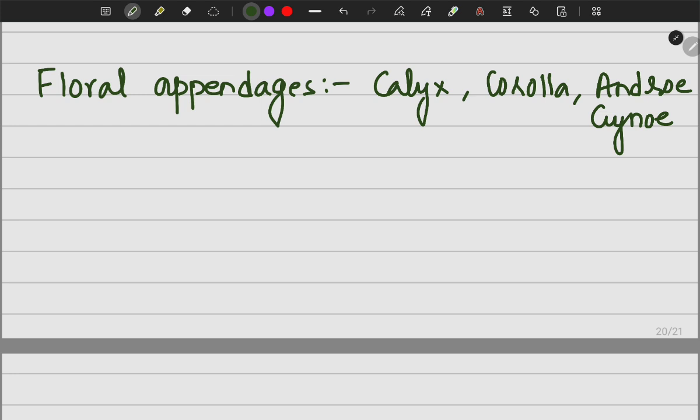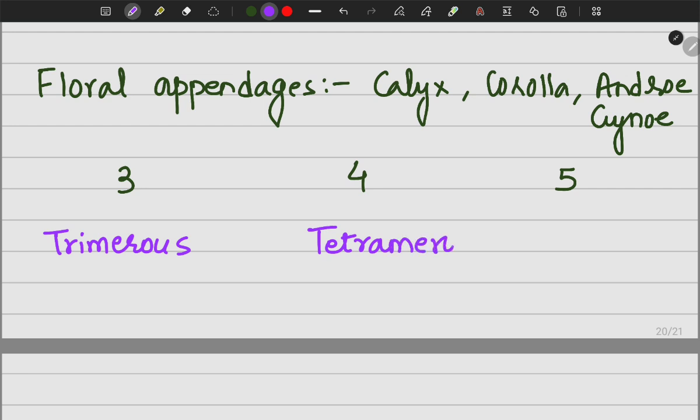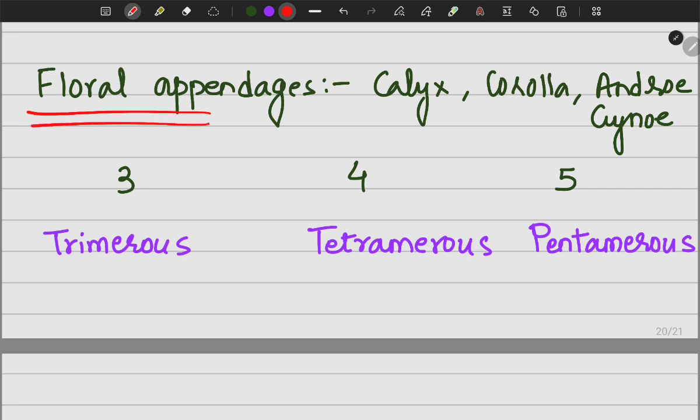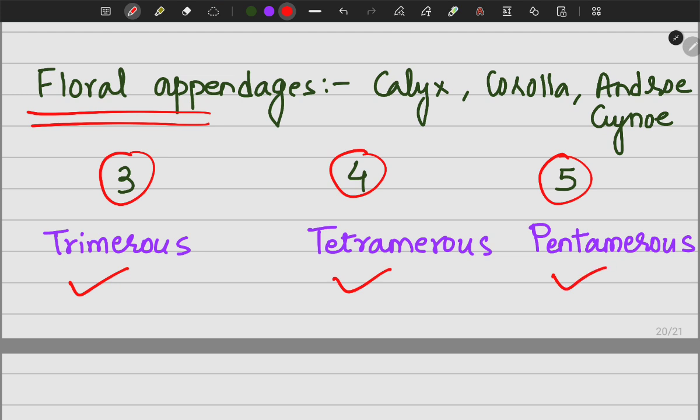If they are in the multiple of 3, 4 or 5, then the flower is called trimerous, tetramerous, and pentamerous respectively. Alright, so if we count the floral appendages in a flower, then if they are 3, then the flower will be trimerous. If they are 4, then the flower will be called tetramerous. If 5, it will be called pentamerous.